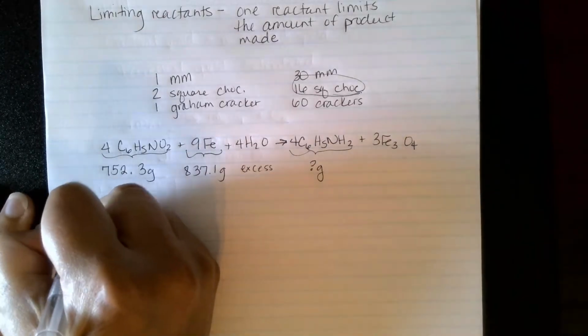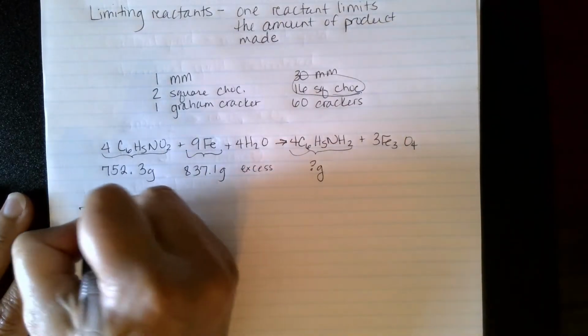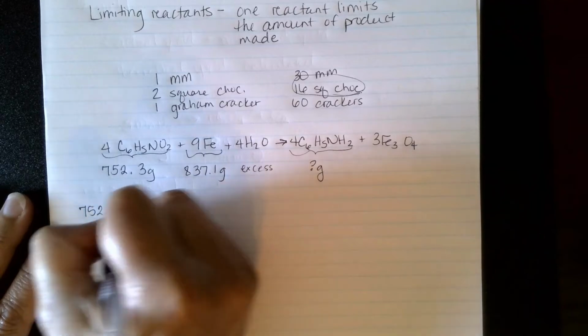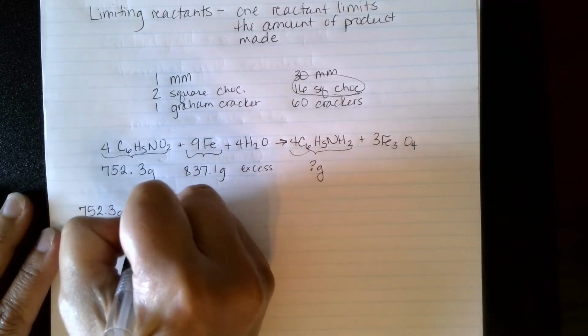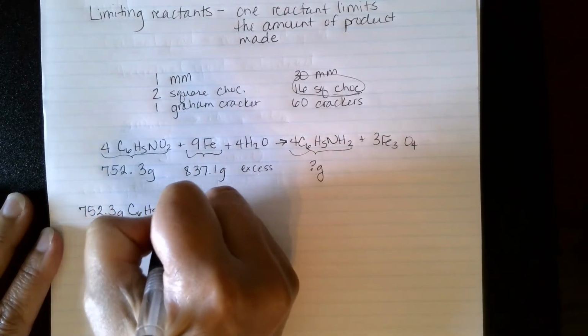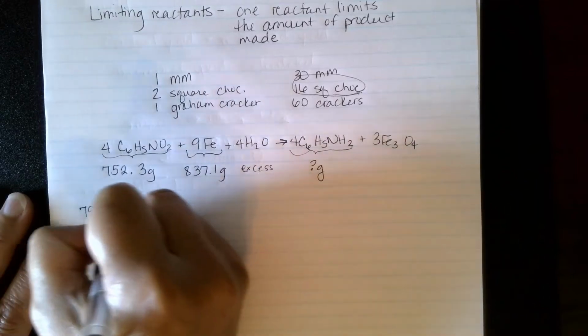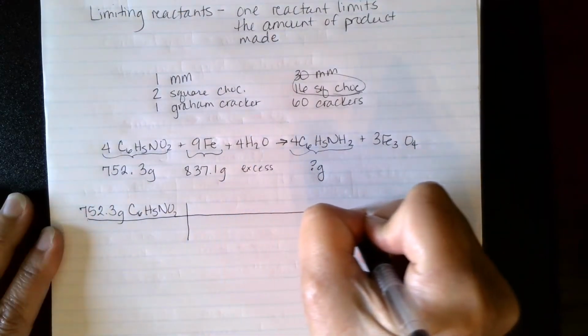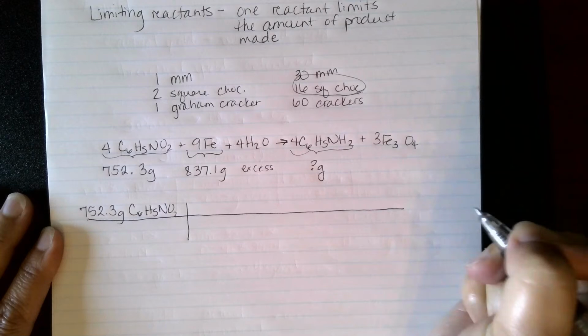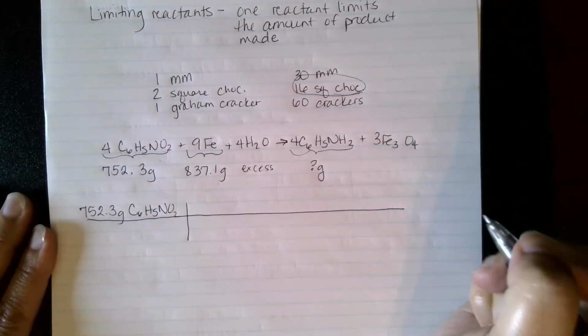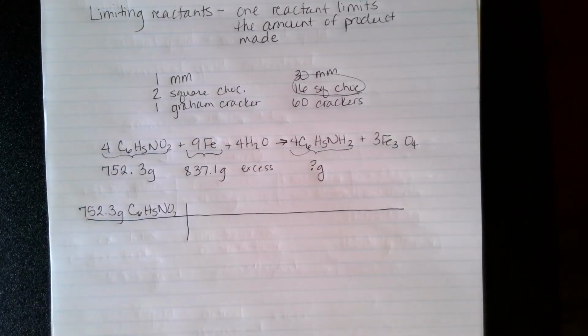So we're going to start out with our 752.3 grams of my C6H5NO2, and since I want grams, I'm going to have to do those 3 steps. So I first am going to have to calculate my molar mass.